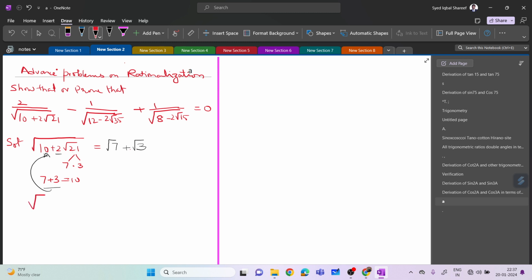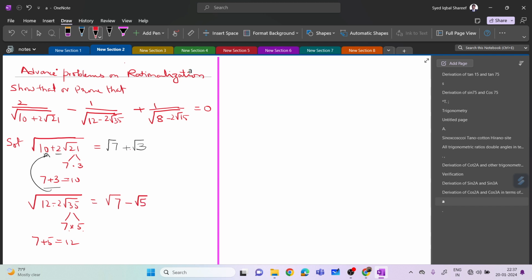Now the second one, 12 minus 2 root 35. Here 7 times 5 is 35, and 7 plus 5 is 12. First we have to write the bigger one, so 7, and since it is minus, minus root 5.